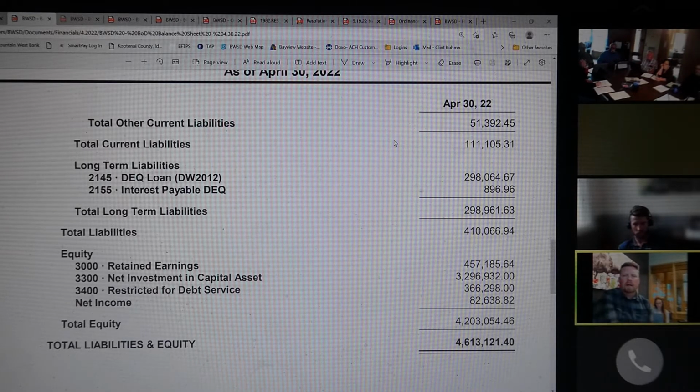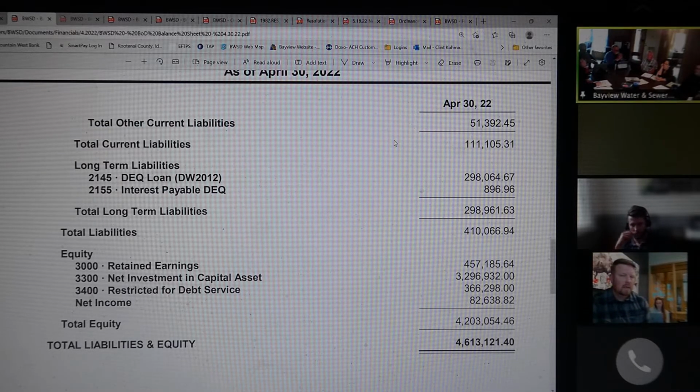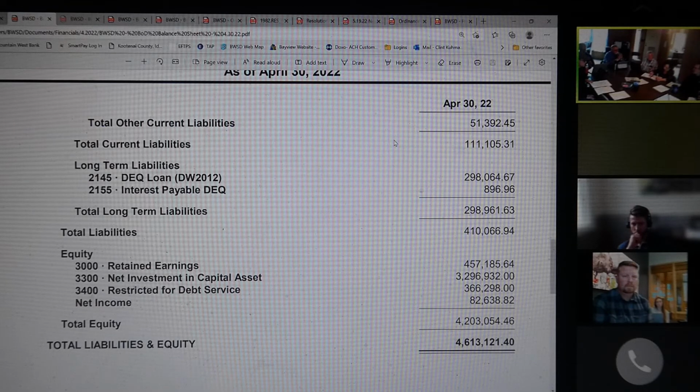So I'm imagining that this amount is probably going to shift once Scott has the audit done. Yep, because we paid off that other loan and we haven't made any restricted debt service on this new one yet. So I'm sure it'll change.